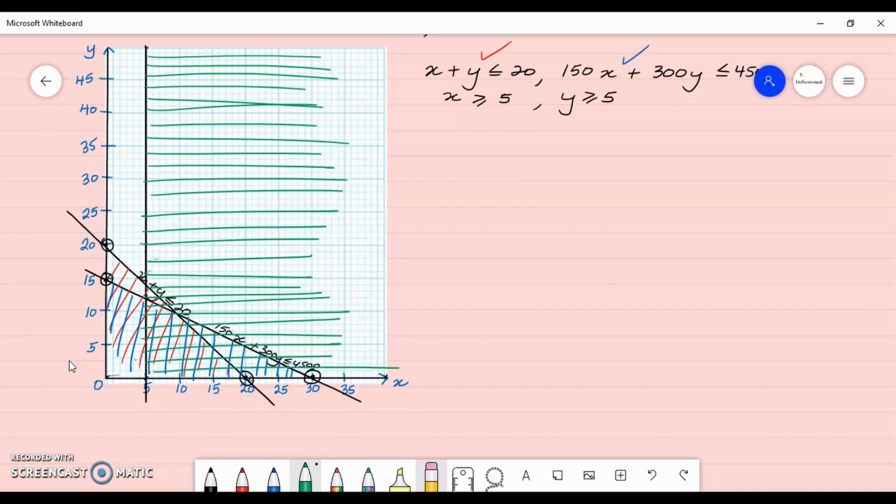All right, so let me just write here that this is the line x is more than or equal to 5.